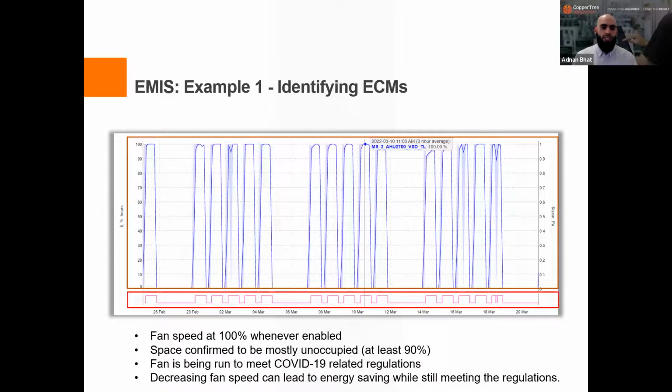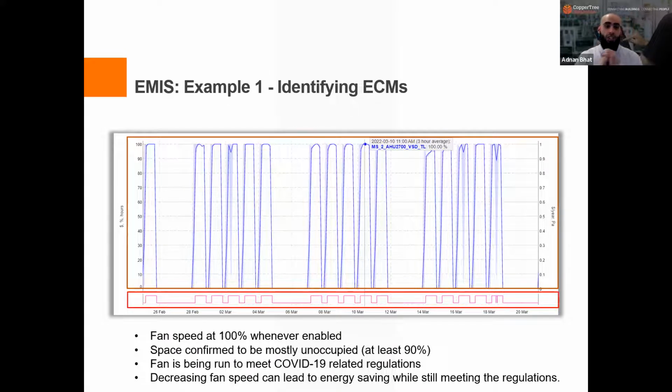What we notice here is every time the supply fan was running, it was running at 100%. And while working with the client, it was noted that this space is unoccupied for at least 90% of the time due to construction, and that had been the case for at least a year.